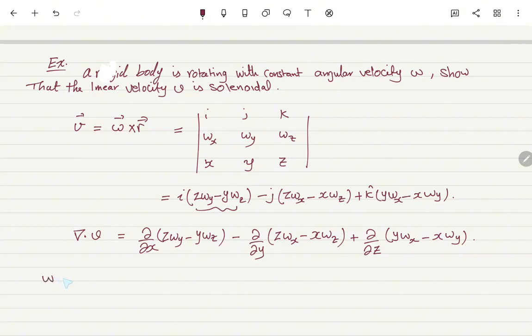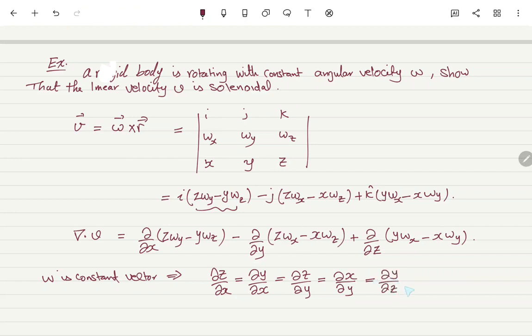Since omega is a constant vector, then here partial z partial x will be equal to partial y partial x, or equal to partial z partial y, which equals partial x partial y, which equals partial y partial z, and equals partial x partial z, all equal to 0, and therefore V is solenoidal.